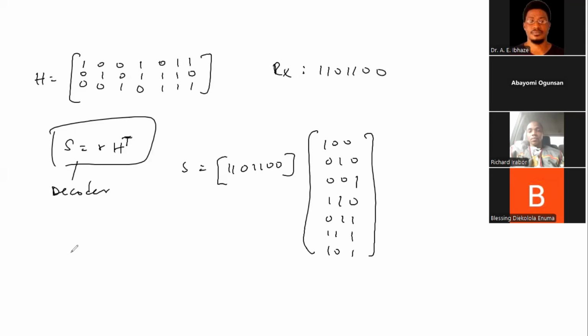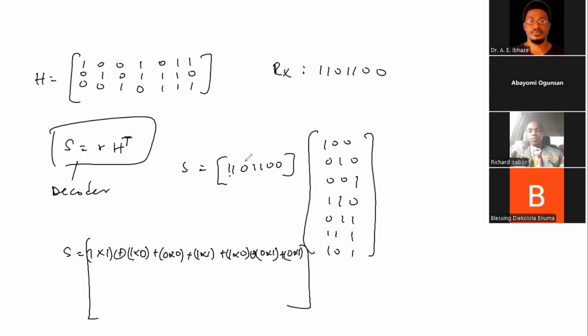So the syndrome will be 1 times 1 plus 1 times 0 plus 0 times 0, plus 1 times 1 plus 0 times 0, plus 1 times 0 plus 0 times 1 plus 0 times 1.